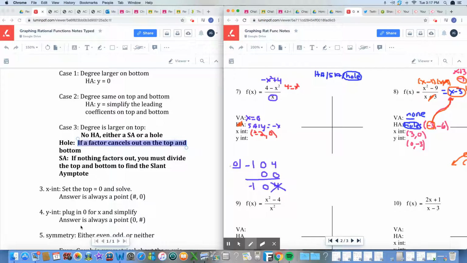Then for the y-intercept, you plug in 0 for x. If I plug in 0 for x, what happens? You get 0 in the denominator, which means you can't have that. So there is no y-intercept. Also, anytime the vertical asymptote is x equals 0, there will never be a y-intercept.